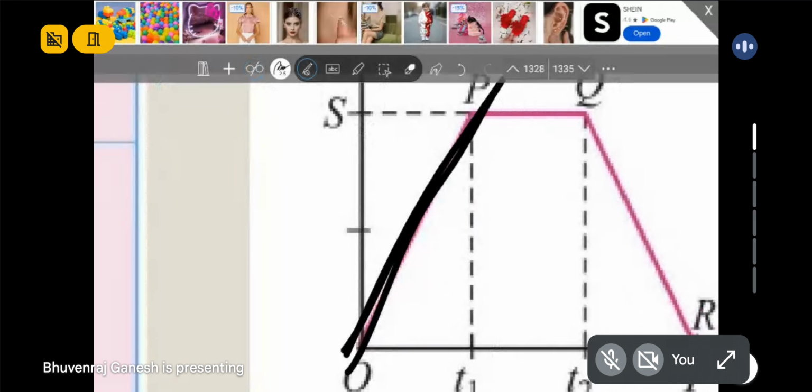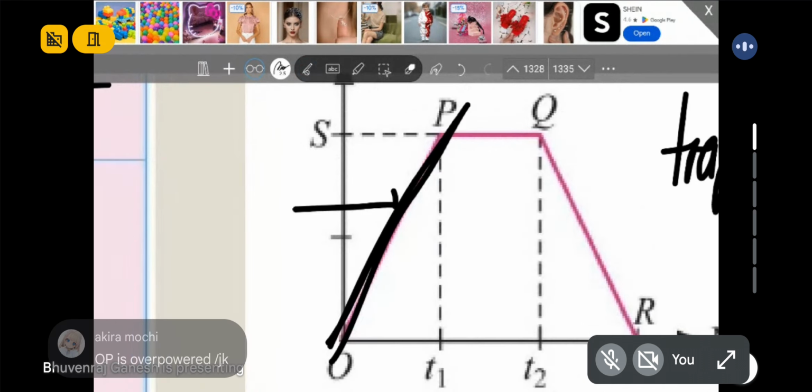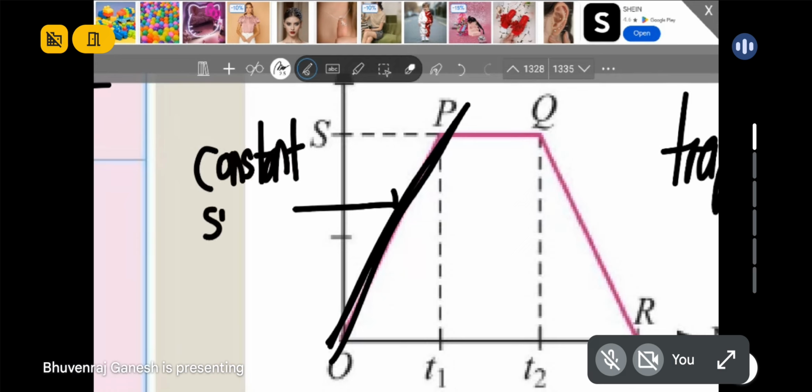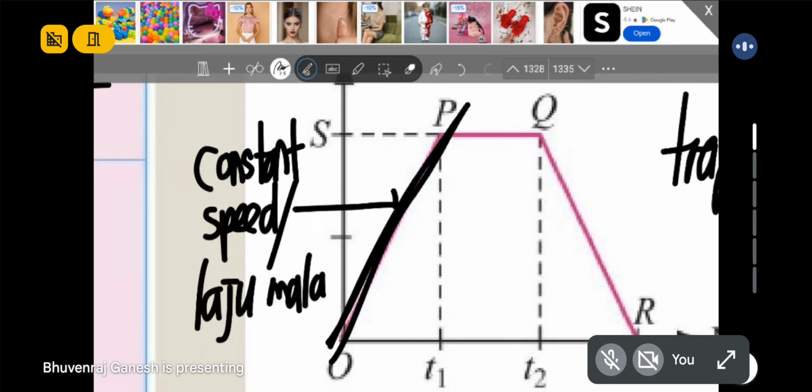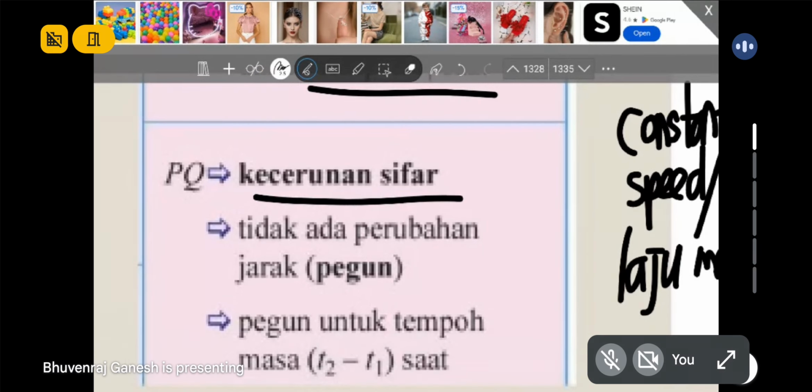Is the speed constant or not? It is constant speed, because it is a straight line. You should say constant speed. So OP is settled.